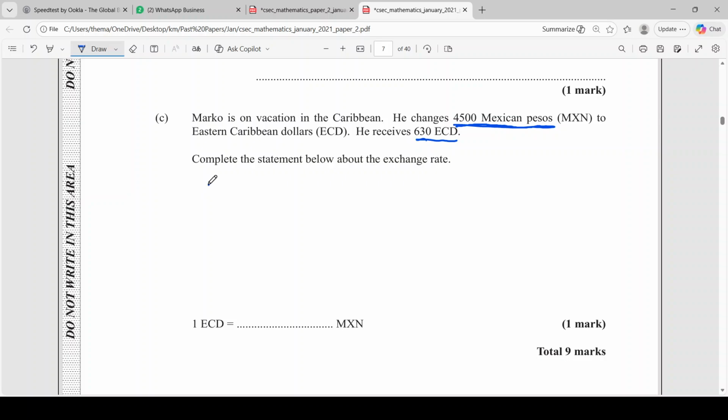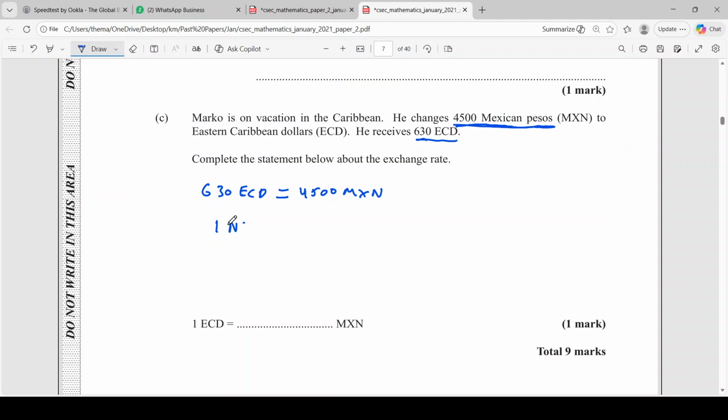So for 630 ECD, he receives 630 ECD when he exchanged 4,500 Mexican pesos. Right, 630 equal to 4,500, and I want to find for 1. So if you want to find for 1 here, what we would do is divide both sides by 630. To get 1, we divide by 630 here.